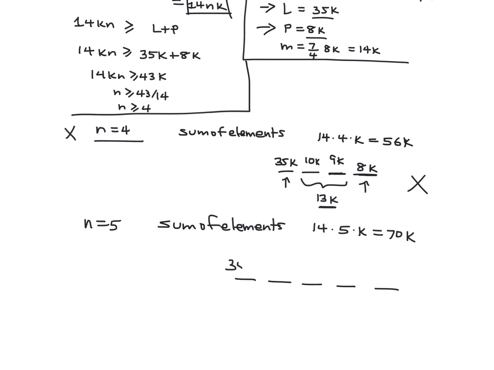Well, the largest one is 35k. The smallest one is 8k. So that means these 3 have to add up to 70 minus 35 minus 8, which would be 27. Okay, so can we do that? I think so.